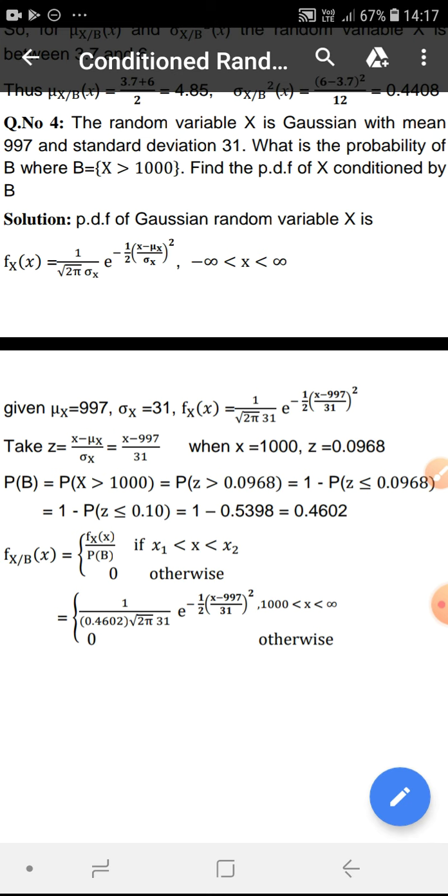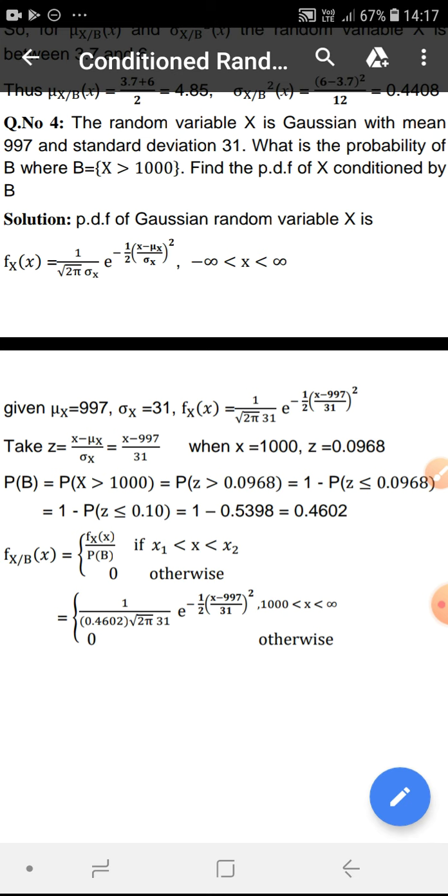So first we'll calculate the probability of the event B as asked in the question. P of B will be P of x greater than 1000, which means z should be greater than 0.0968.